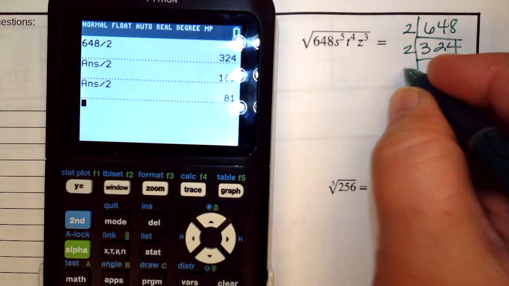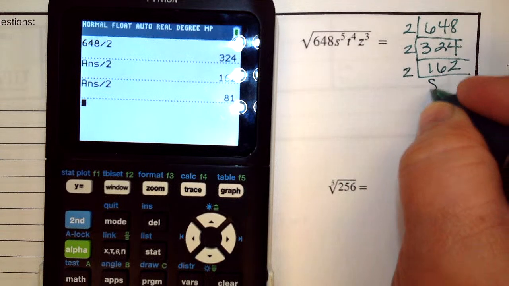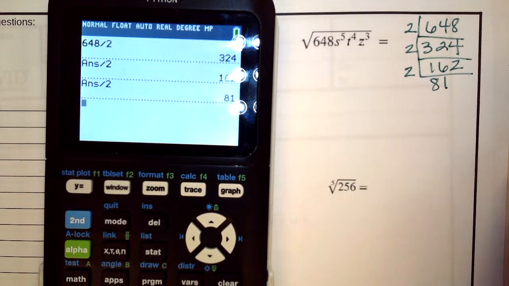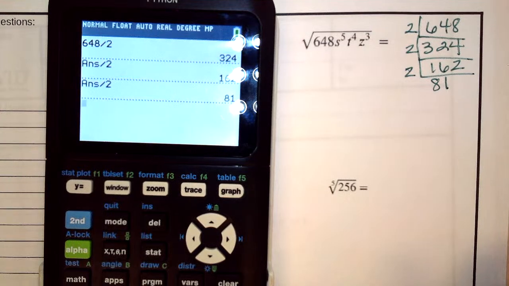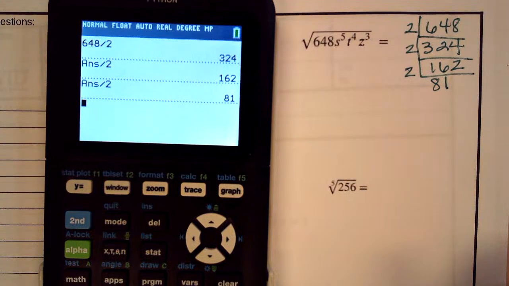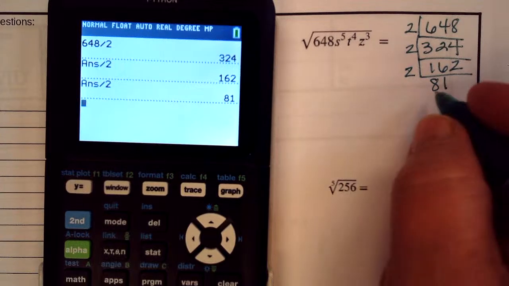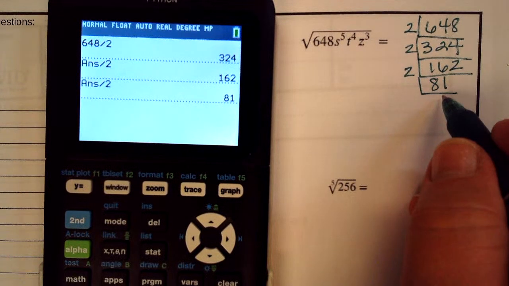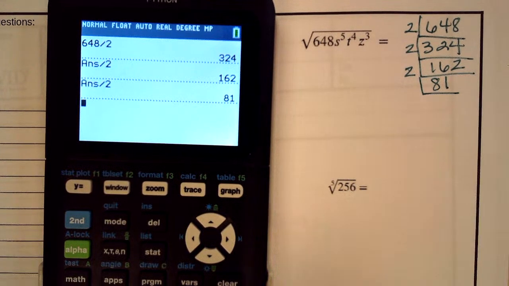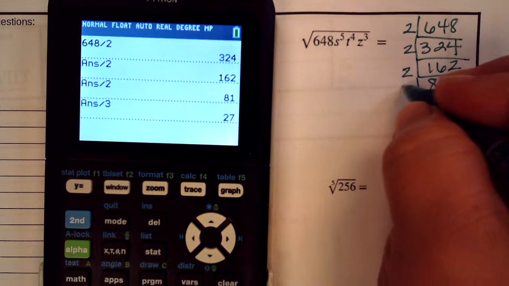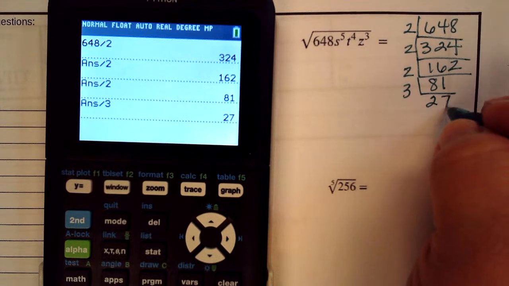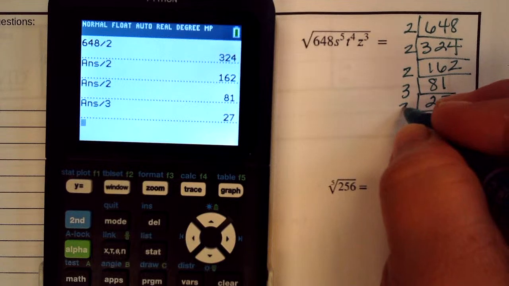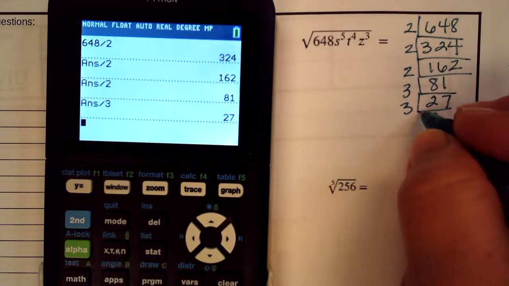I get 81. Now, if you know your multiplication tables, you know that 81 is a perfect square. It's 9 times 9. If you don't, then you know you can divide it by 3 because 8 plus 1 is 9. So now I'm going to divide by 3. I get 27. Divided by 3, I get 9.